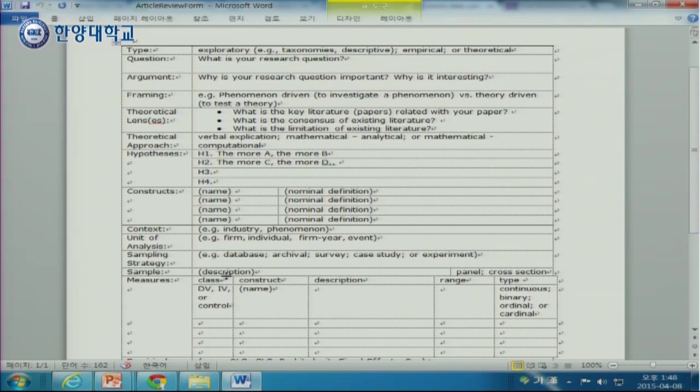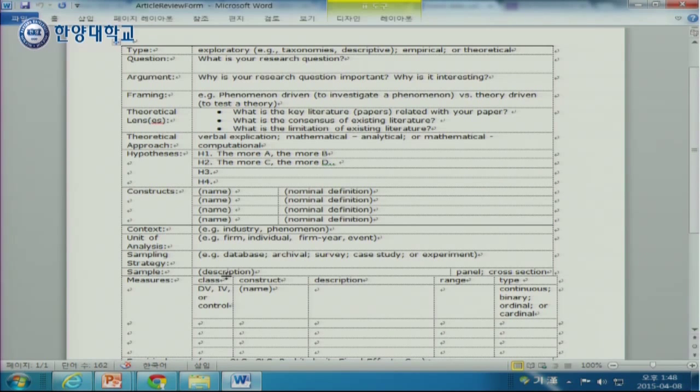If my subject is phenomenon driven, then how can I write the hypothesis? For example, my question is which one is the leading market between the credit market and the bond market?